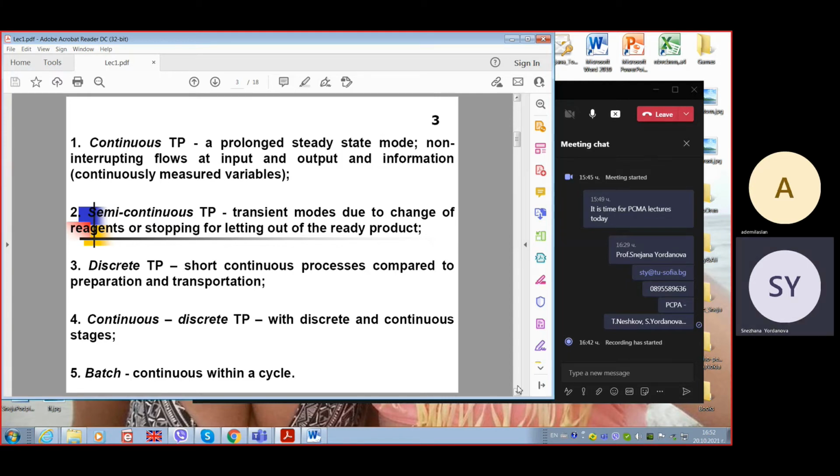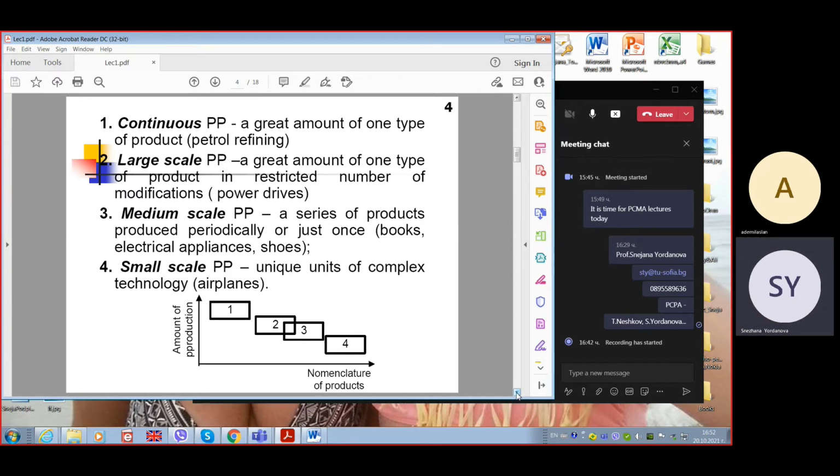So the production processes are divided depending on nomenclature and amount of production.